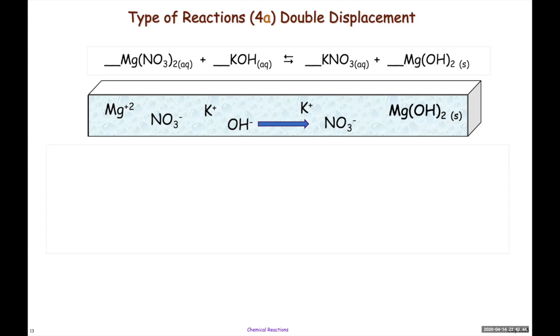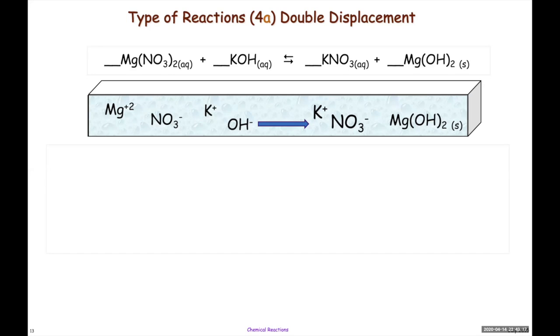So that's basically what happens. The potassium now is in the form of K in KNO3, nitrate is NO3 in KNO3 aqueous, and the magnesium hydroxide is your solid. So this right here is your complete ionic equation. The reason why it's called the complete ionic equation is because it shows all the chemicals in the reactant and the product that are ions.